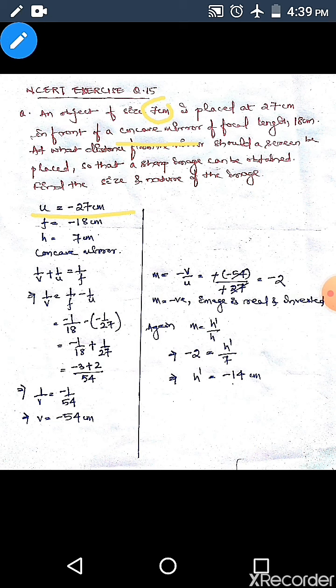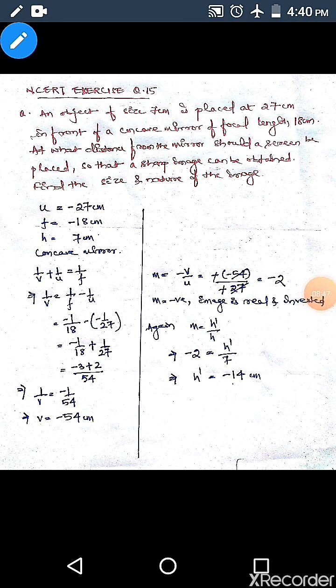At what distance from the mirror should the screen be placed so that a sharp image can be obtained? Here you are provided that the focal length is 18 centimeter, and as it is a concave mirror, I have already told you whenever it is concave the focal length will always be negative. So here the focal length is minus 18 centimeter.